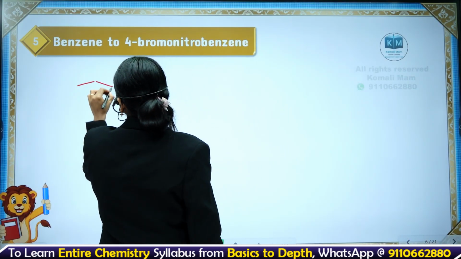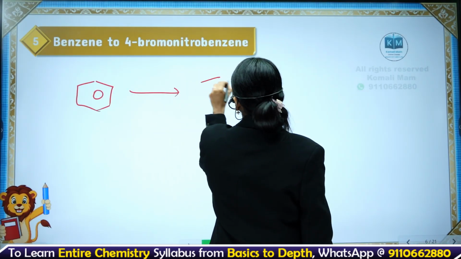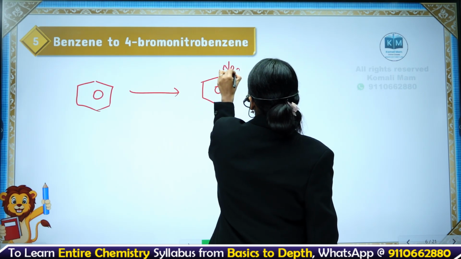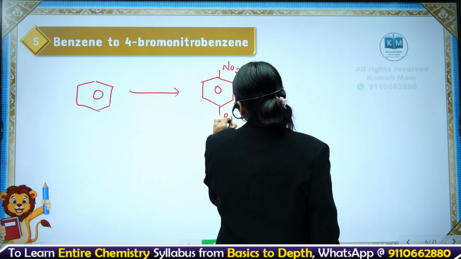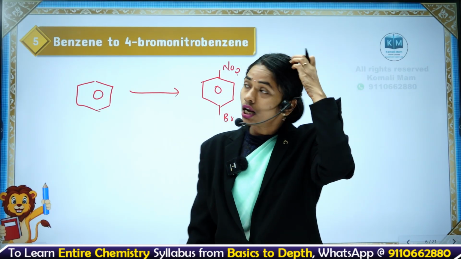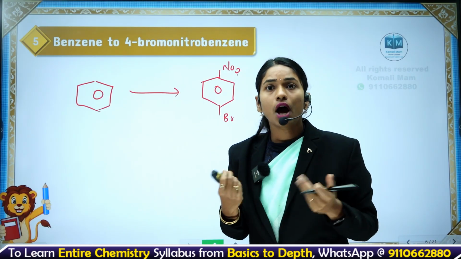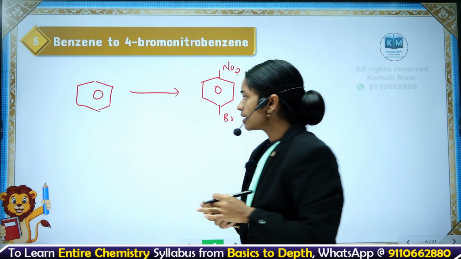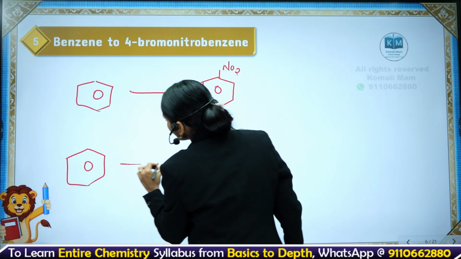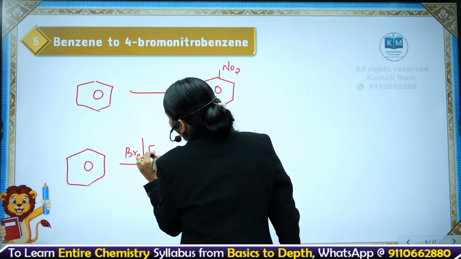Next, take benzene, and this benzene we should convert into 4-bromonitrobenzene. What is that? What do we have to do? 4-bromonitrobenzene. Here I want to substitute two groups. How can I substitute two groups? First, let me take bromine and benzene and do halogenation.